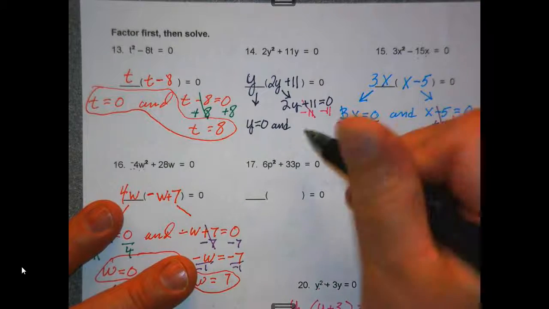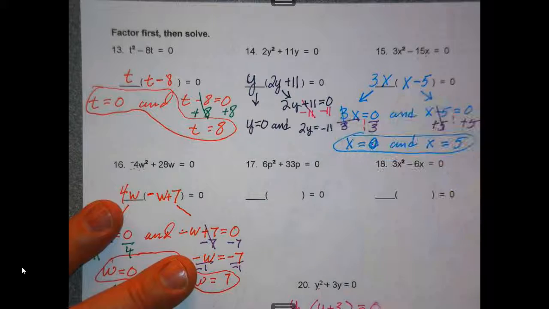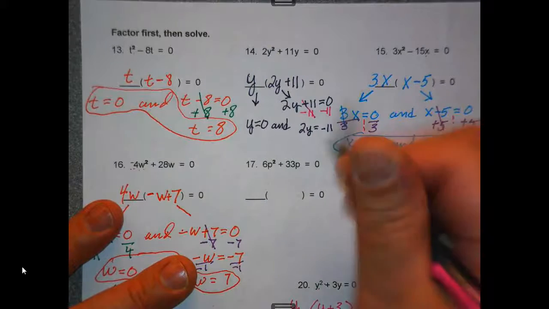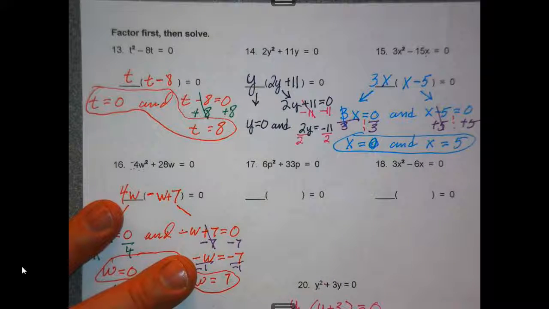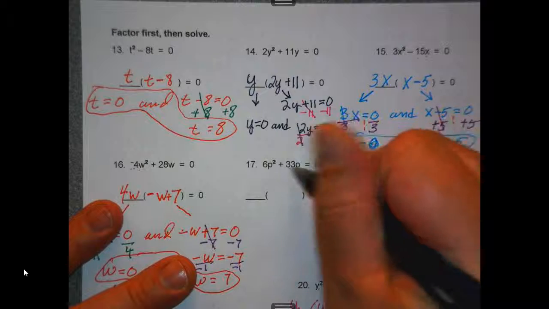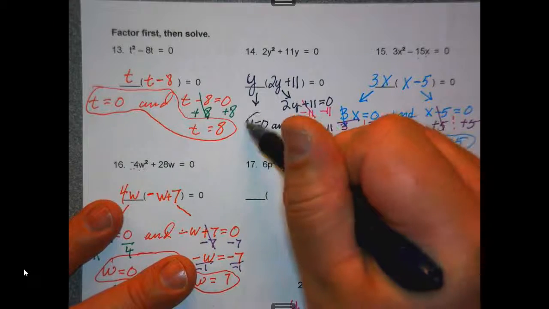So I get 2y equals negative 11. Then I have to divide by the coefficient 2. And that gives me y equals negative 11 and a half. So here's my answer.